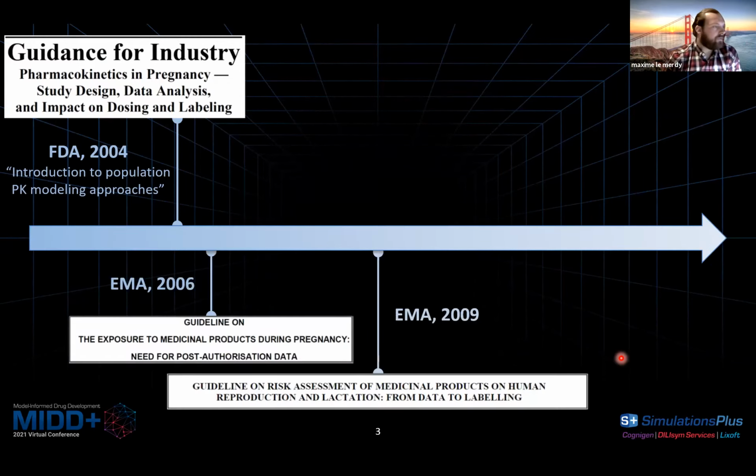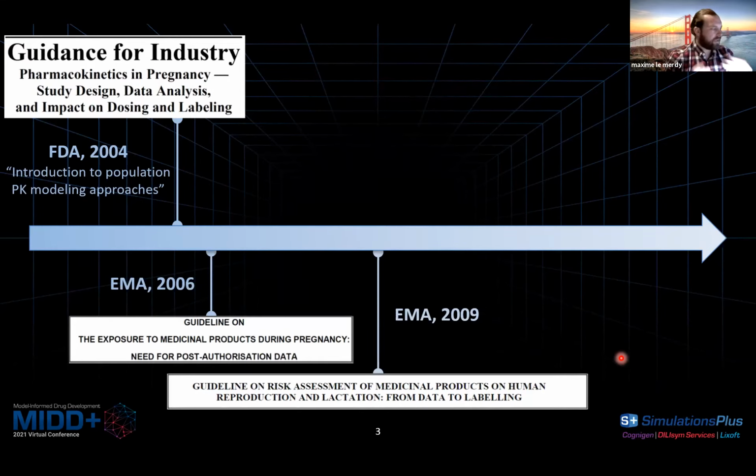The FDA followed in 2006 and 2009 with 2 guidelines that are pretty much the same, except they don't mention any modeling approach. They only mention when to include pregnant women in clinical trials, what are the necessary precautions, and how to report that information.